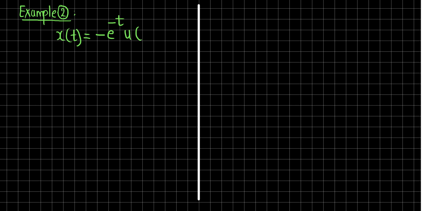Let's consider this signal. Now how does this signal look like? Because last time we have tried plotting the signal, so let's try to visualize this signal. So this signal would look something like this.